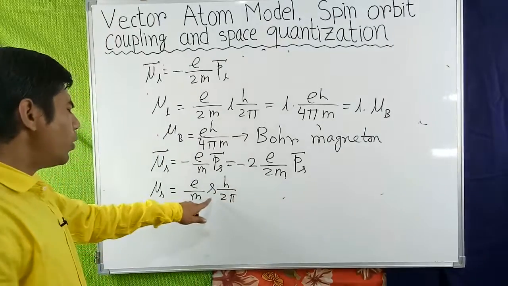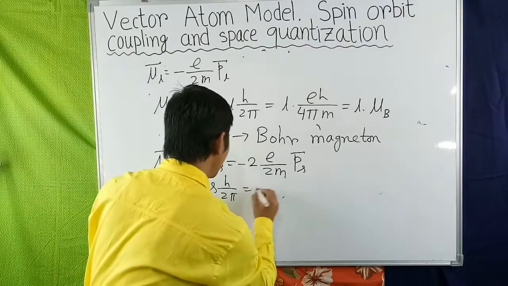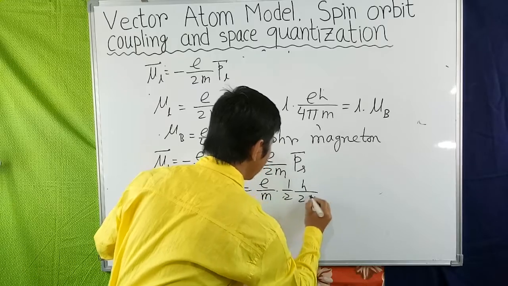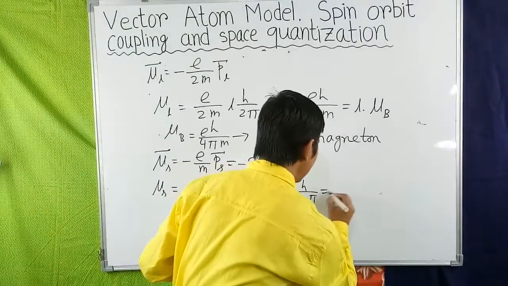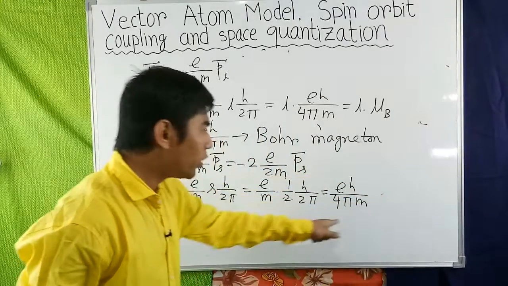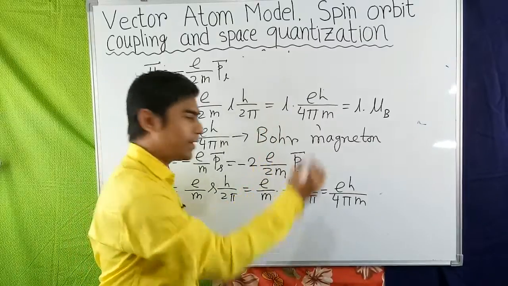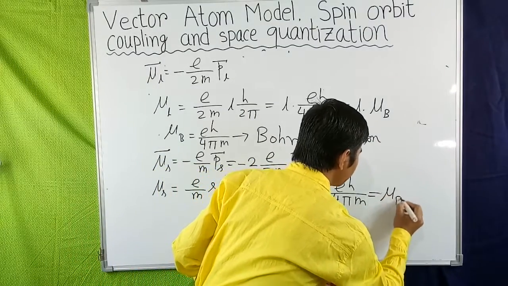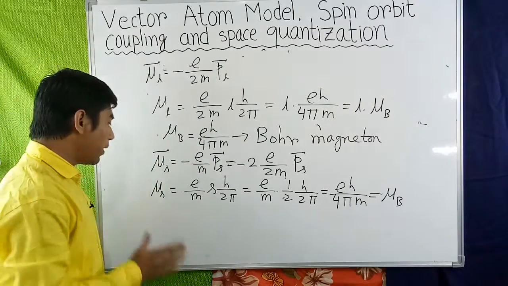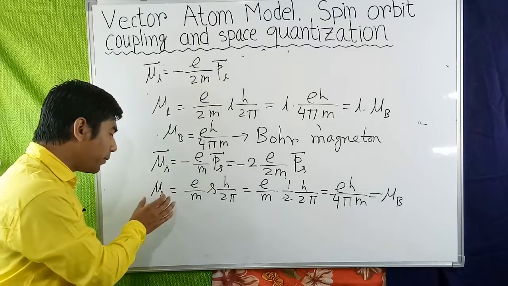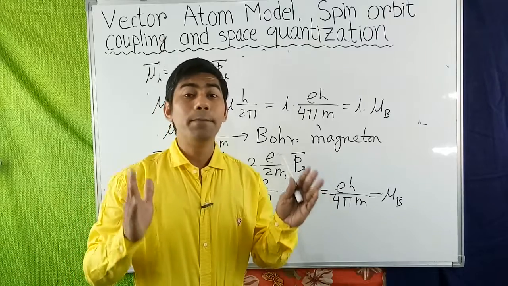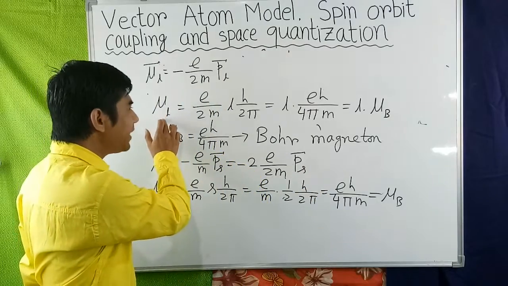Now the value of s is half, so this equals e by m into half into h by 2 pi, which equals eh by 4 pi m. This equals mu b, that is, the Bohr magneton. Thus we get the magnitude of the spin magnetic dipole moment mu s, and the magnitude of the orbital magnetic dipole moment mu l.